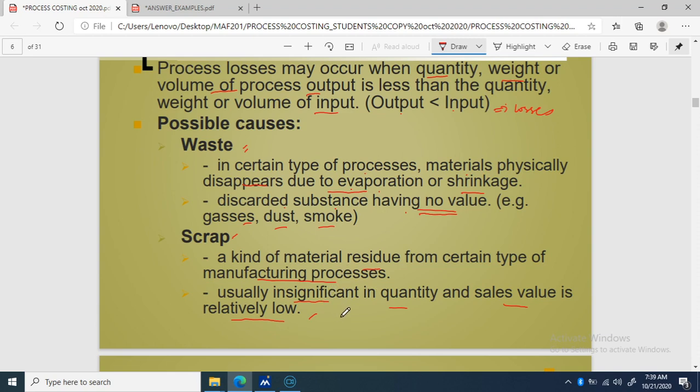For example, you produce rice. After processing the padi, you get rice, but sometimes the rice is broken or too small and you cannot sell it as rice. You can sell that broken rice to a flour factory, which will use it to get flour. So the saleable value is relatively very low.